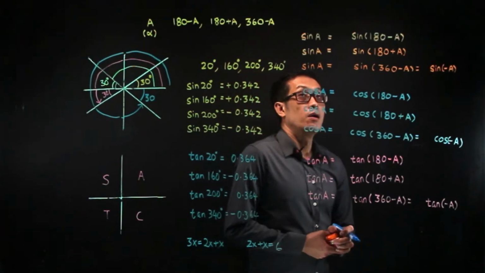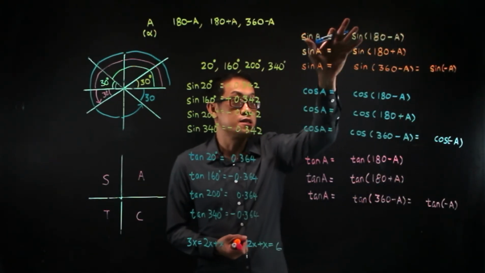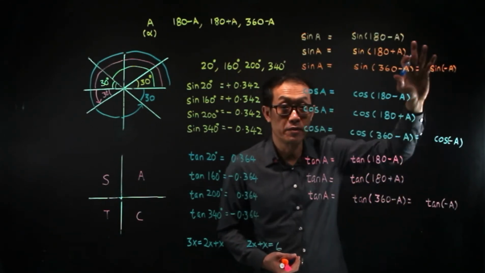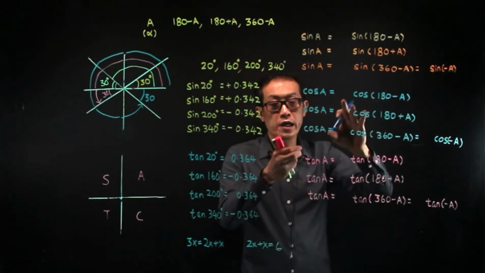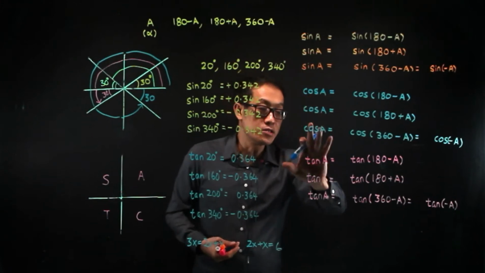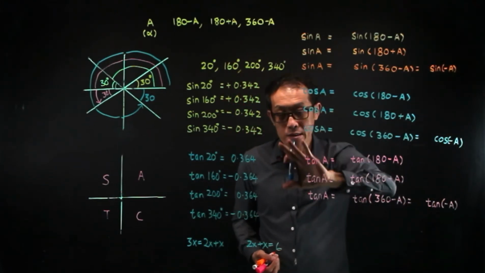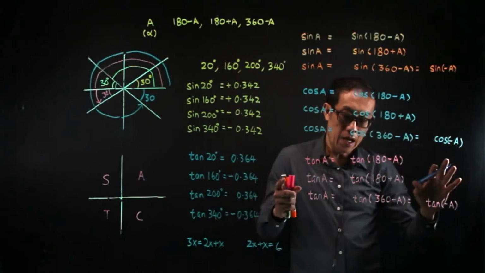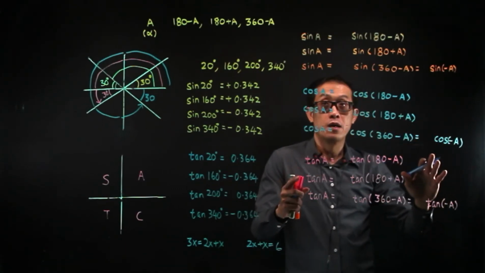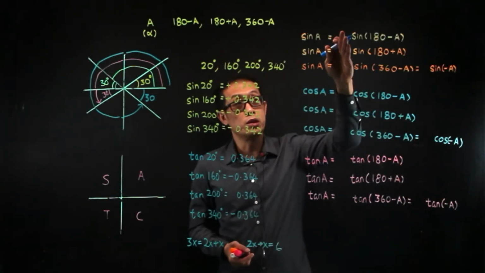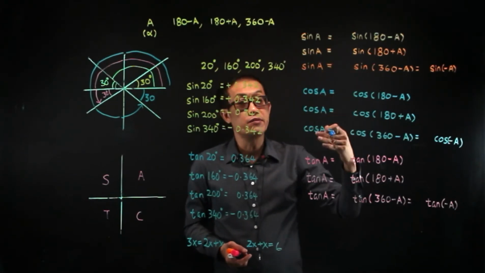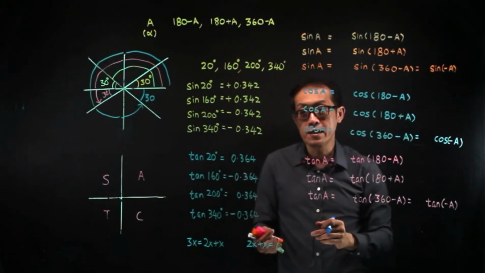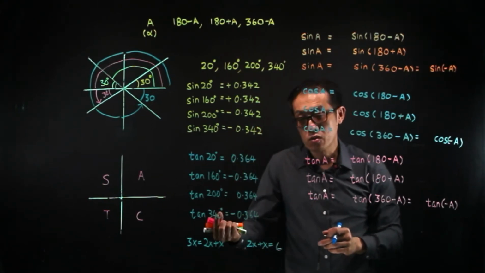Now, the formulas are wrong, some of them, but never mind, I will slowly come to that. Since all these are identities, and they are true for all angles, then if we want to determine whether they are positive or negative, it will be easier if we choose an angle that is in the first quadrant.